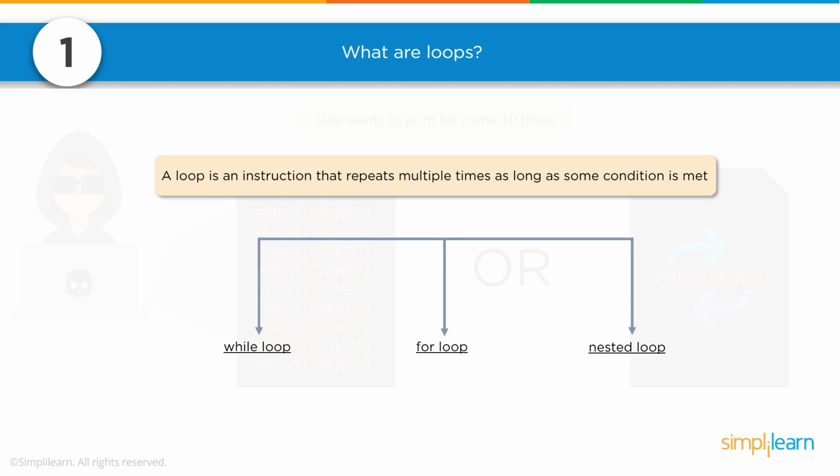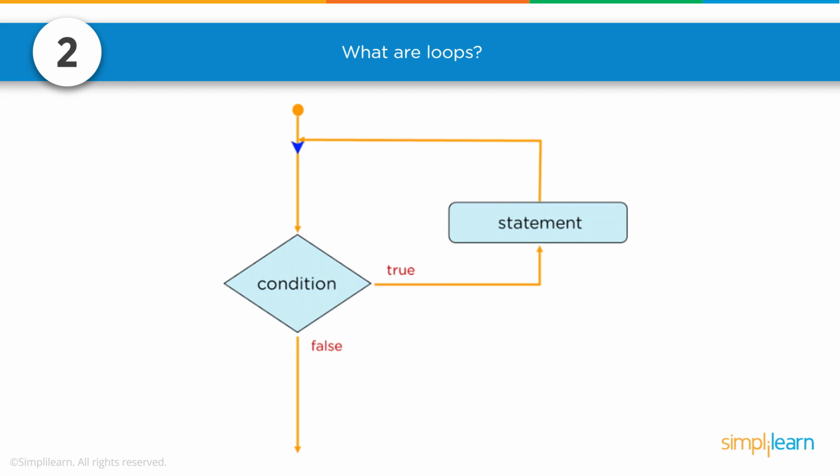Now in Python, we have three main types of loops. There's the while loop, the for loop, and finally the nested loop. Now before we move into these loops, let's look at the flow of a loop. So the dot at the top represents the start of the program. Now all the statements of the program are executed one by one until a condition for the loop is encountered.